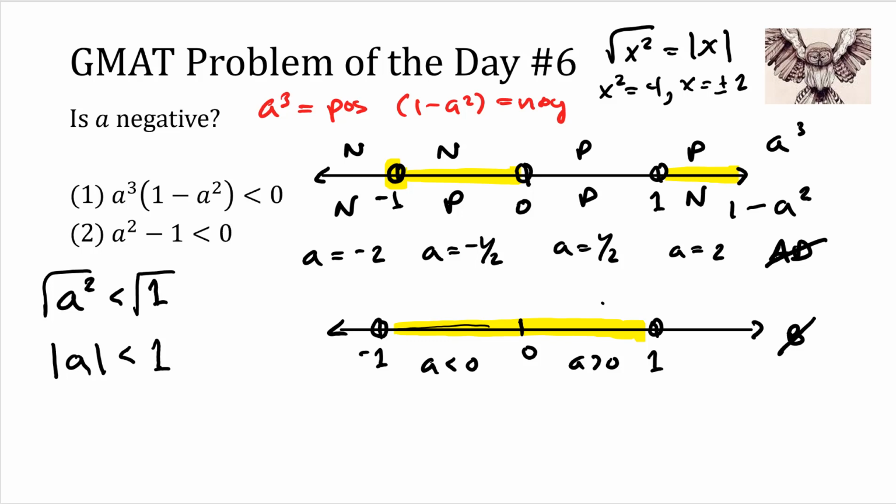Now we have to consider 1 and 2 together. One of the nice things about doing this with the number line is that we can look at where the number lines overlap. Where they overlap is right here, between -1 and 0.